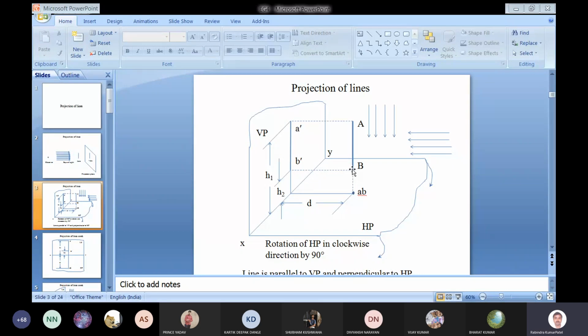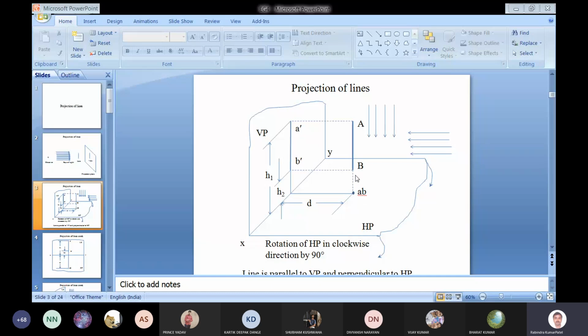So if we want to get the projection of this particular line AB onto the horizontal plane, we will get just a point, and both the points A and B will lie on a single point. So that is the projection of the line AB onto the horizontal plane.